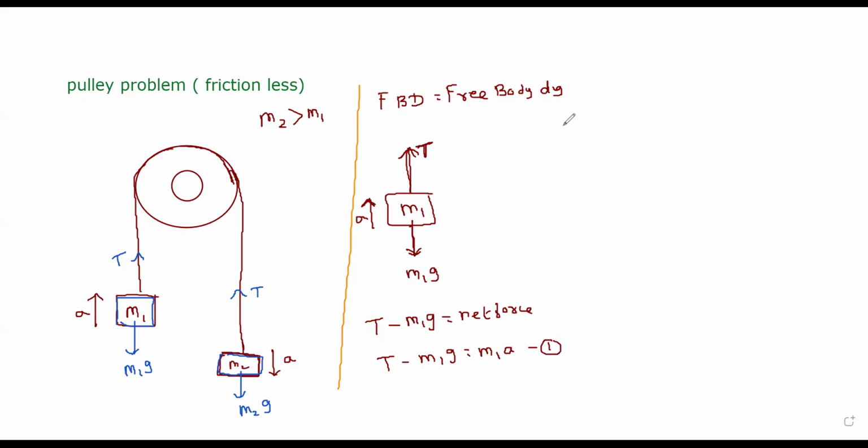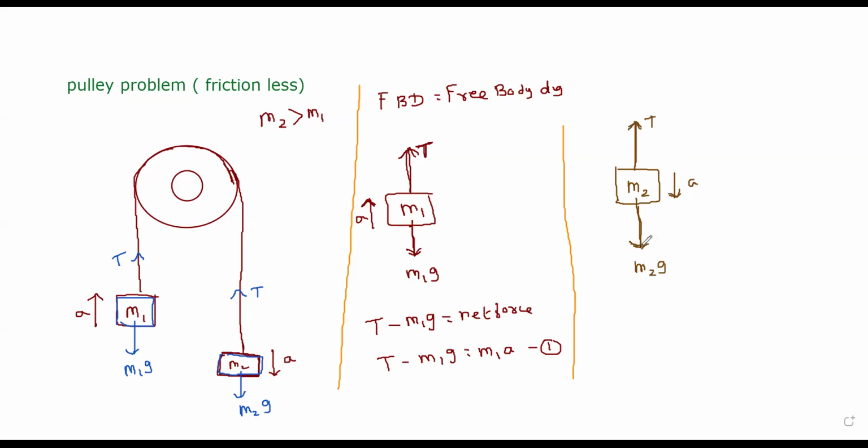அதே மாதிரி, we can take the second block. What is the mass? M2. For M2, tension T is acting in this direction, and M2G is acting in this direction, downward. Since A is acting downward, M2G is more powerful than tension.